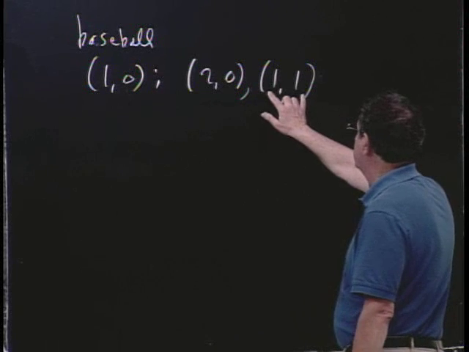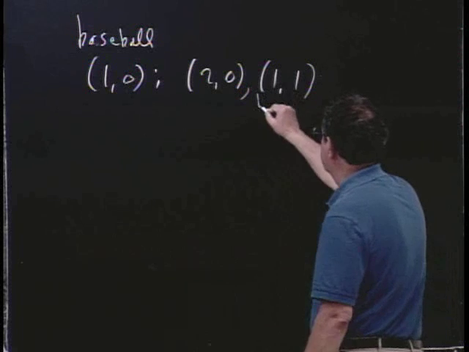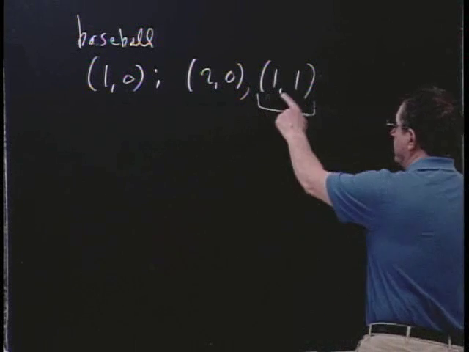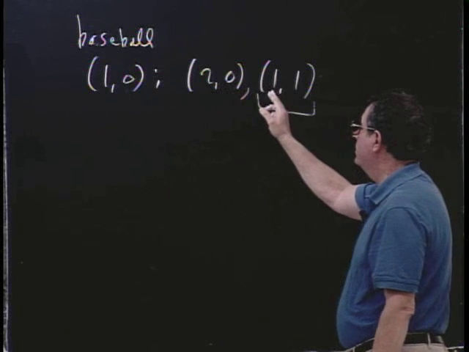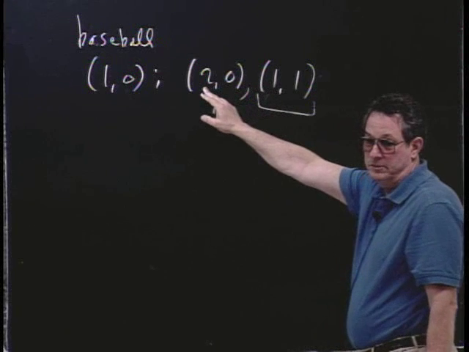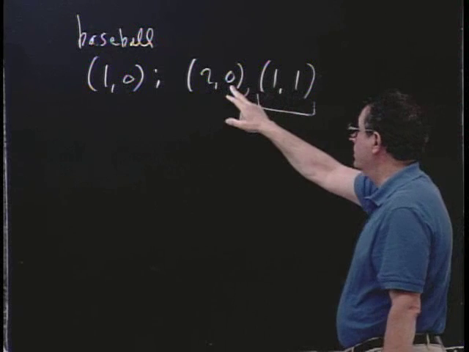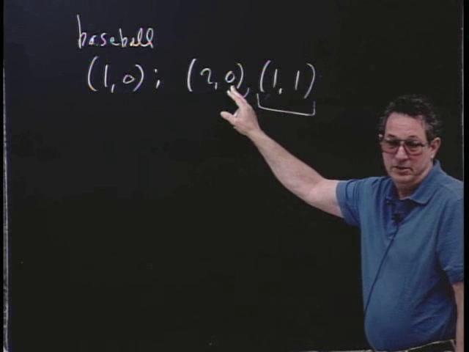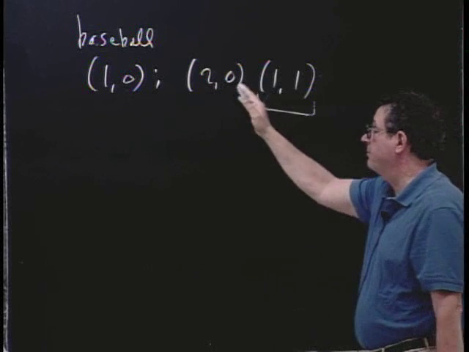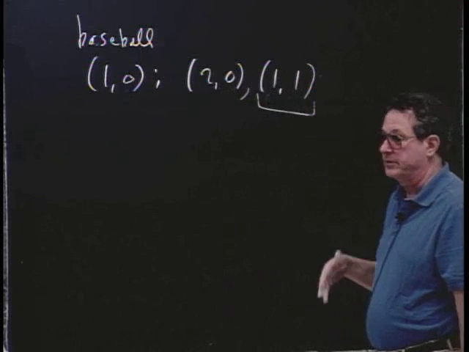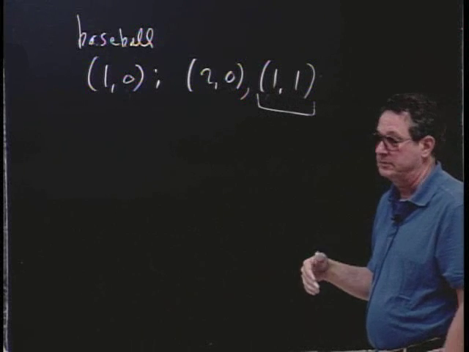So in this case, let's say the outcome was 1-1. Each team gets 1 point. Then if we move to this outcome, one team is increasing, it's getting 2, and the other team is not increasing, it's moving to 0. It's in fact decreasing, so it's not increasing.